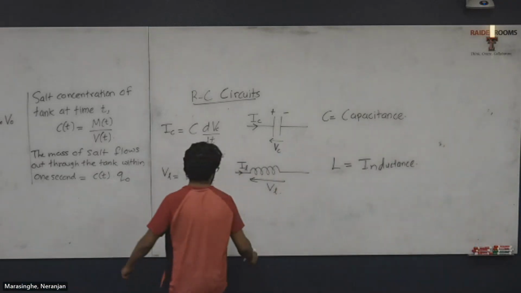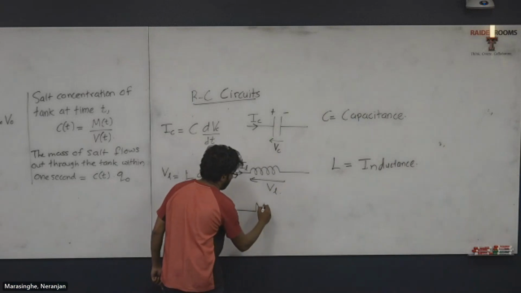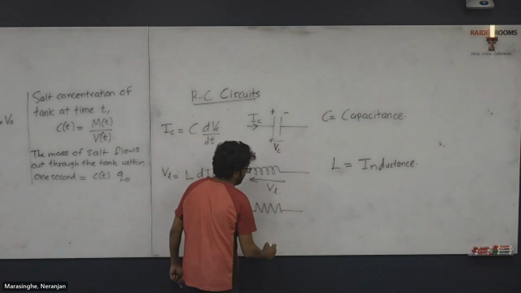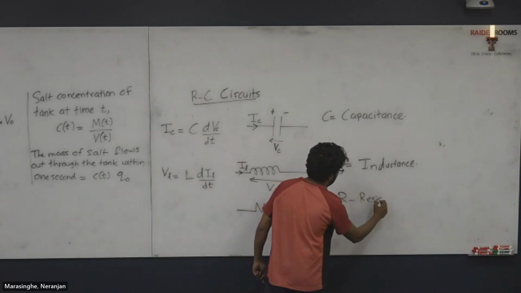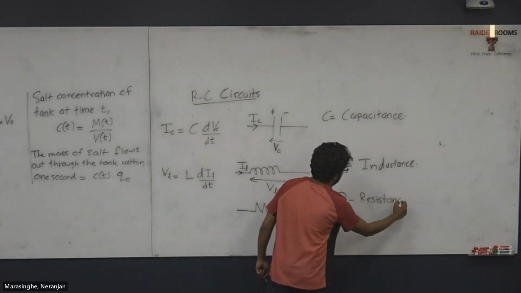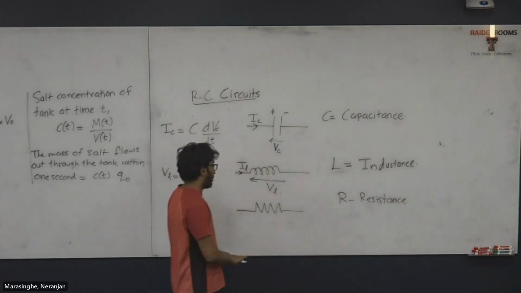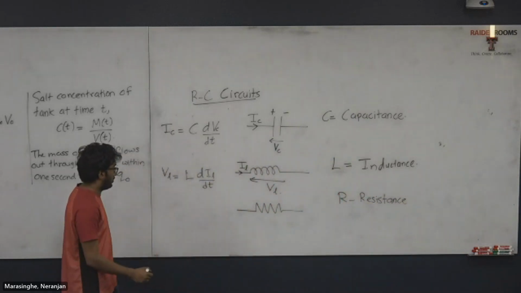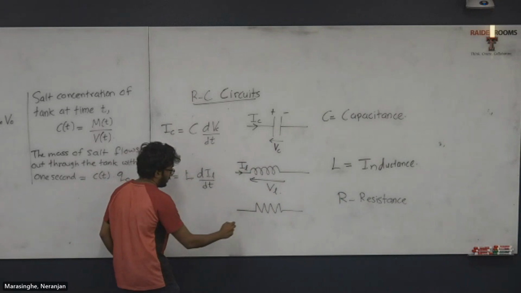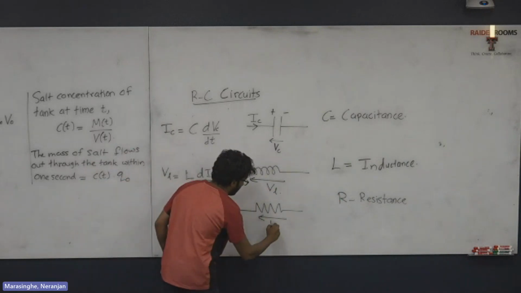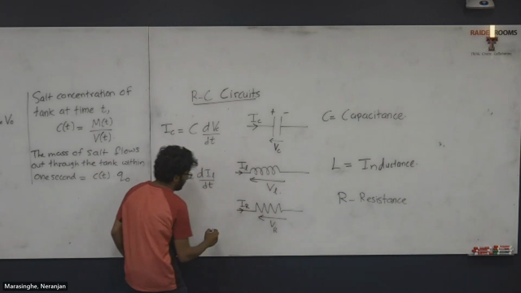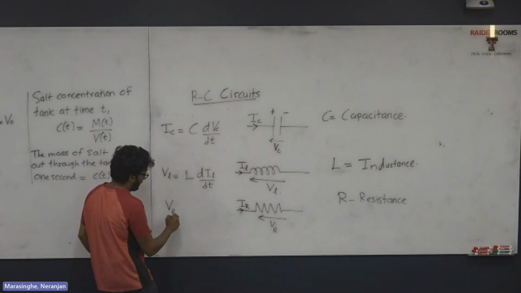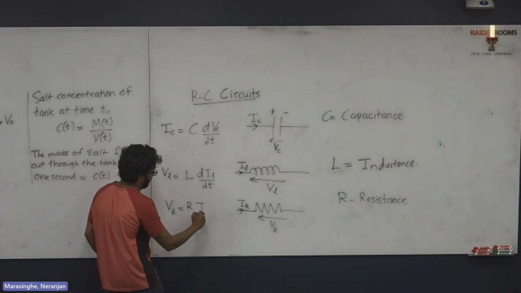Suppose we have a resistor, then the voltage VR is given by R times I.